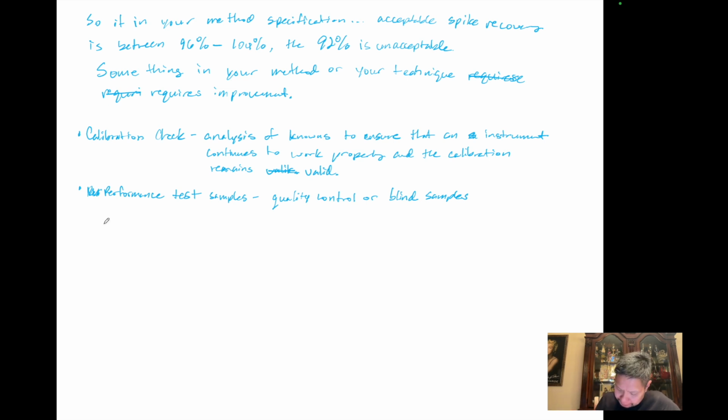So a couple of things to note. To gauge accuracy, we perform calibration checks. We also do the fortification recoveries or spike recoveries.